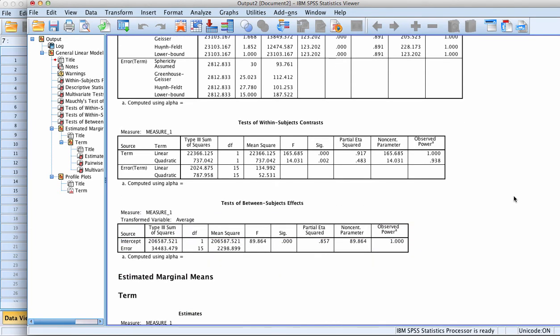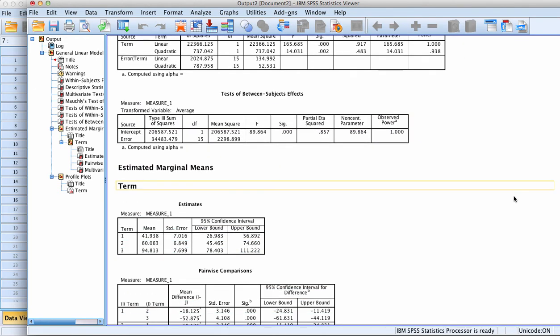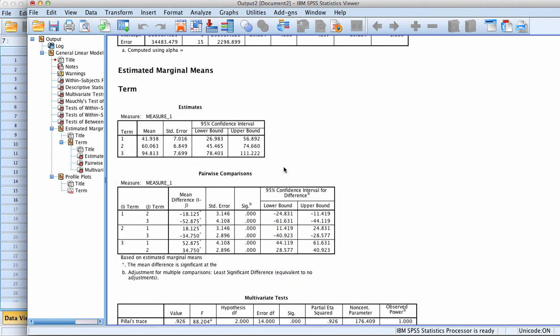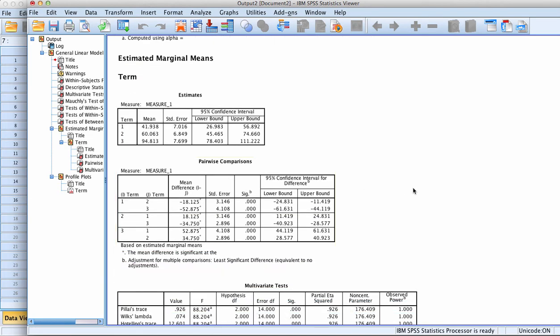And we come down here, and what these pairwise comparisons do for us is they compare the means for term 1 to term 2. So term 1 mean 41.9 compared to 60.063. That's this comparison. And then 41.93 compared to 94.813. So that's this comparison.